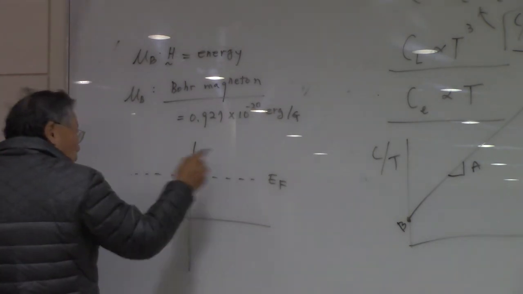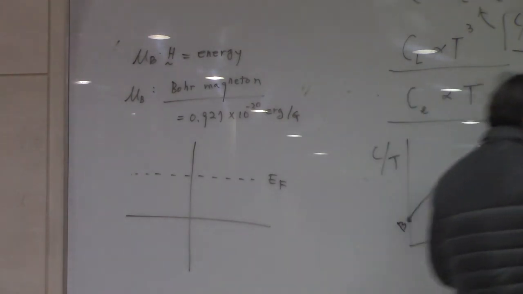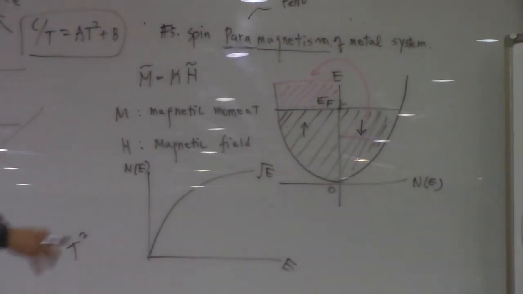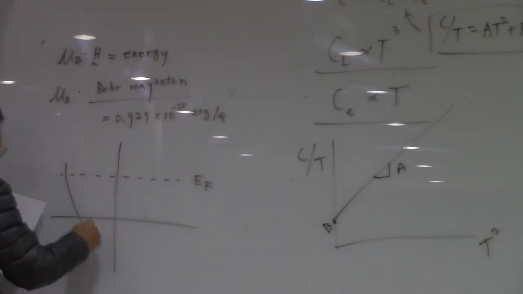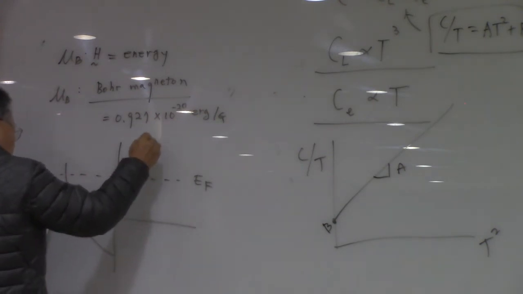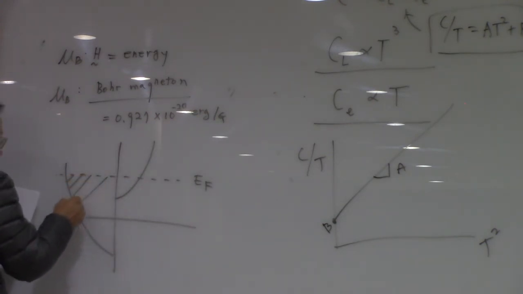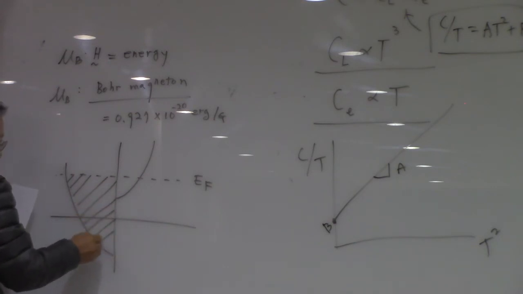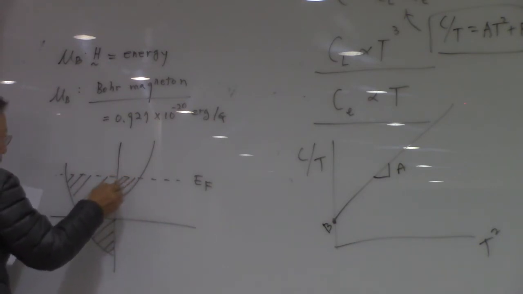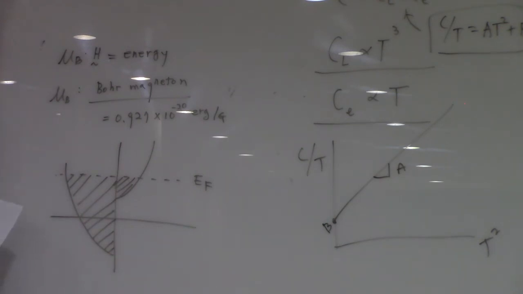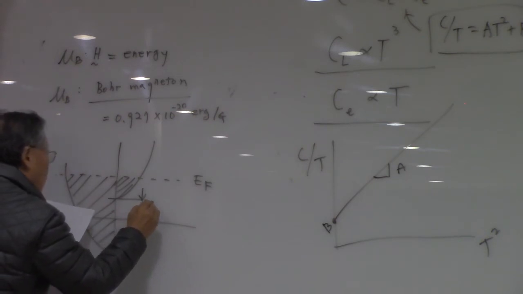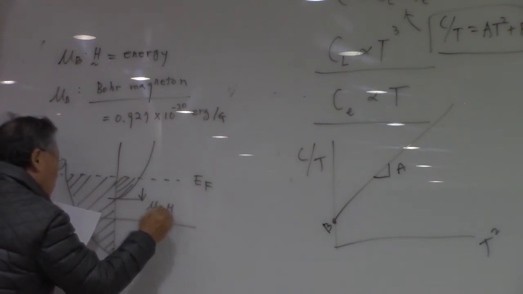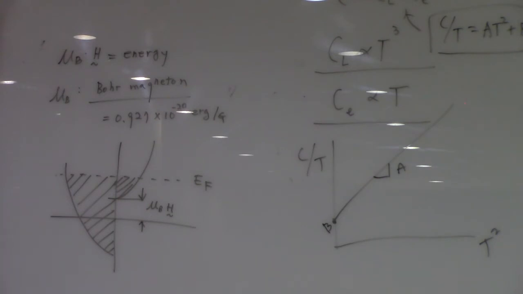So in your drawing, you have to keep the Fermi energy constant, so that the drawing is now going to be drawn something like this, so that electrons occupy all this part. And then this height now is going to be mu B H. Okay?